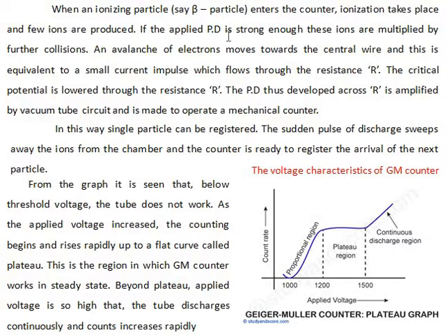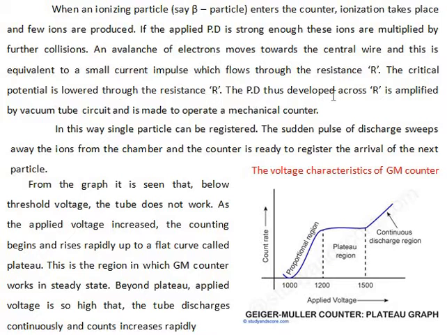If the applied potential difference is strong enough, these ions are multiplied by further collisions and an avalanche of electrons moves towards the central wire, and this is equivalent to a small current impulse which flows through the resistance R. The critical potential is lowered through the resistance R.